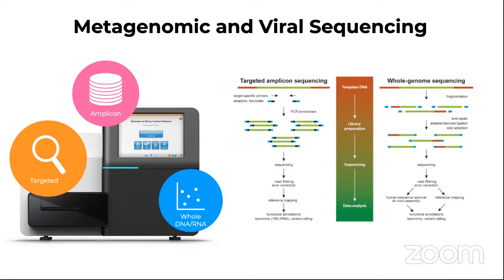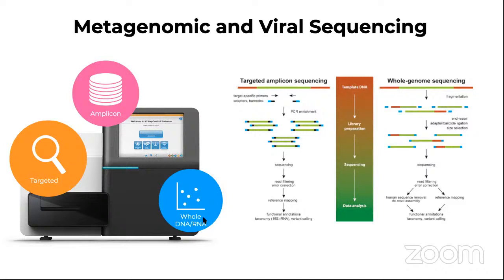In another case, if you're looking at the microbiome, you might want to ask the question about the composition of the microbiome. You don't want to survey any particular individual representative of the microbiome, but you want to understand, how does the composition change? Does this group of bacteria become more prominent or less prominent, right? And so then you can amplify the 16S ribosomal RNA gene, and that would be an example of amplicon sequencing.